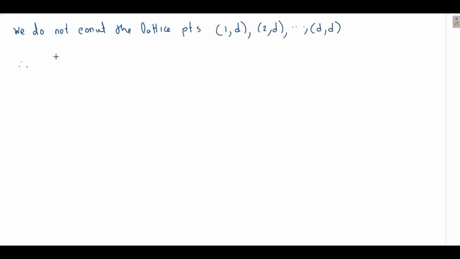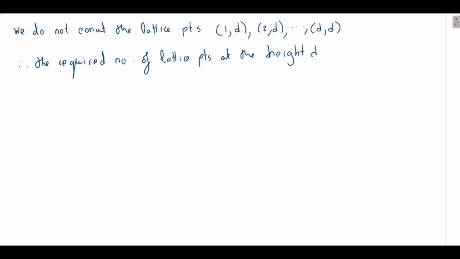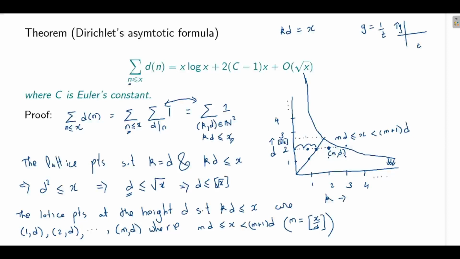And therefore, the required number of lattice points at the height d will be equal to, here you can see there are d in this section, and in the entire section there are greatest integer of x by d.